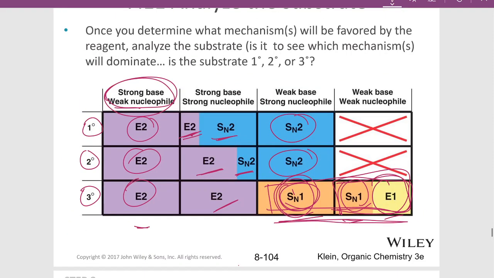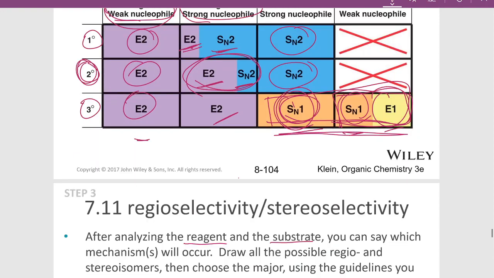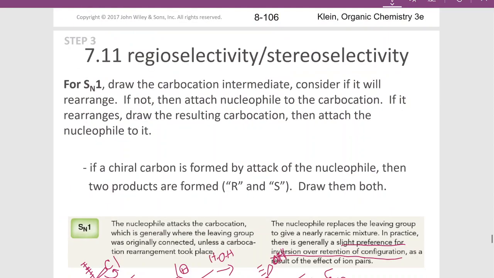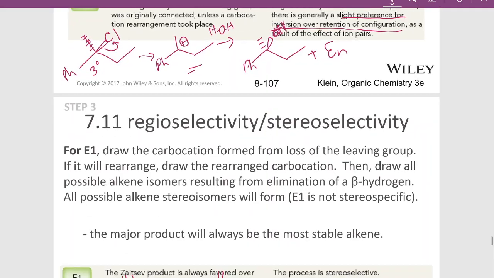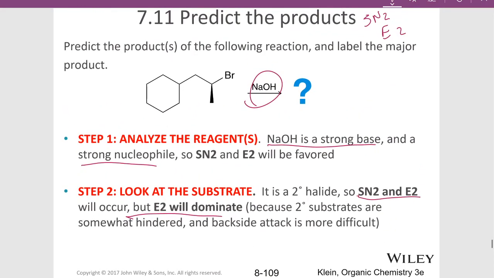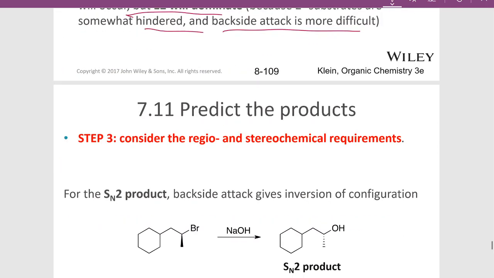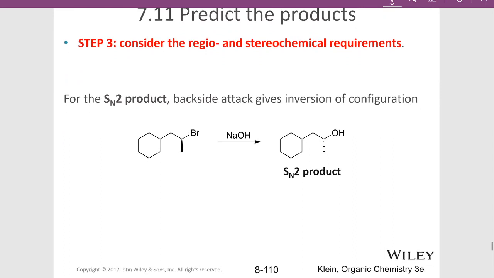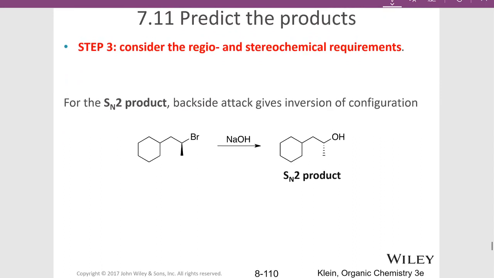We have a strong nucleophile, strong base, and a secondary alkyl halide. So SN2 and E2 will occur, but E2 will predominate. And that is because secondary substrates are hindered and backside attack is a little bit more difficult.